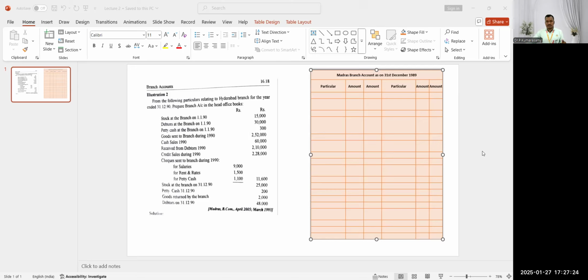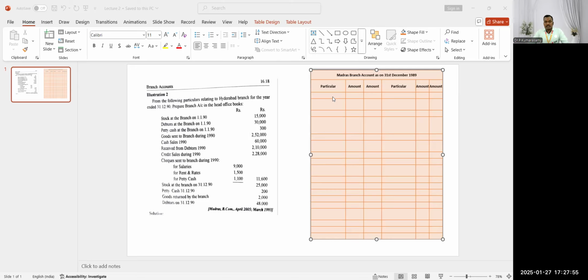We can take them from first to last. First one is opening stock. Where will you enter the opening stock? The opening stock, goods sent to branch by the head office, then cash sent to branch for meeting day-to-day expenses like salary, wages, and other petty cash expenses. And closing liability.